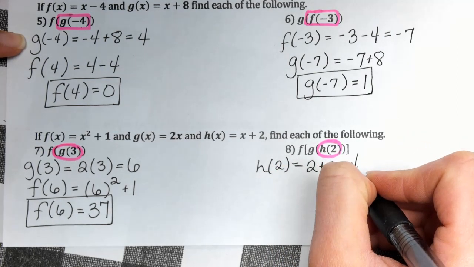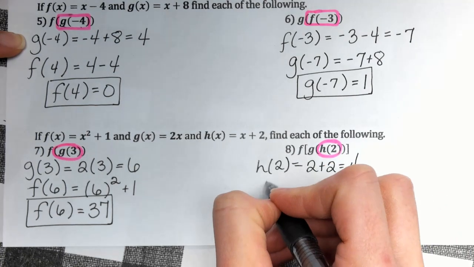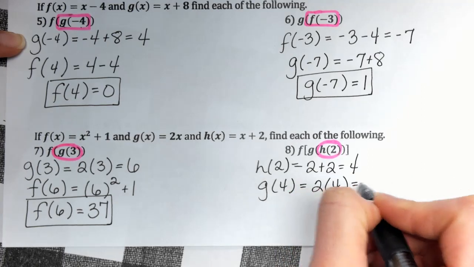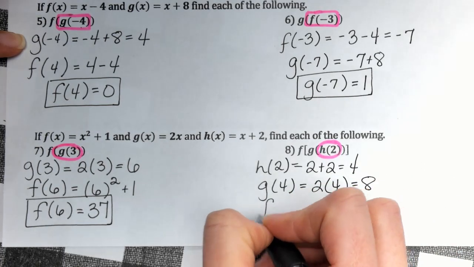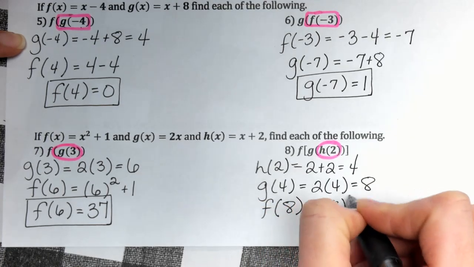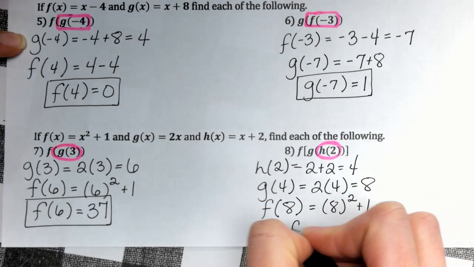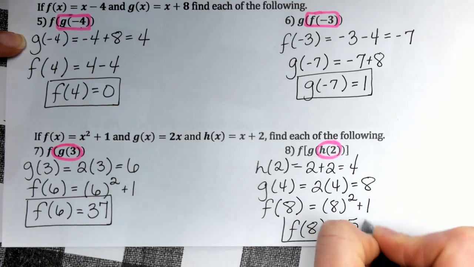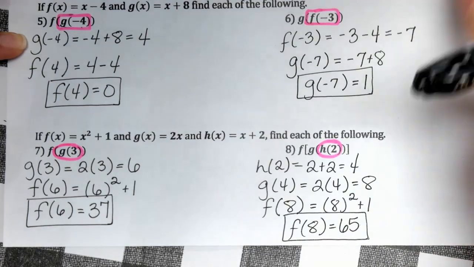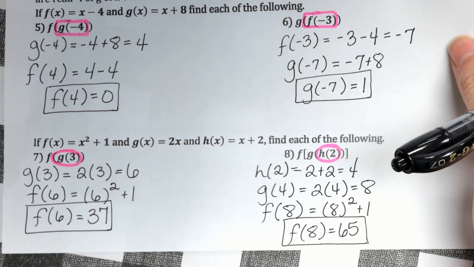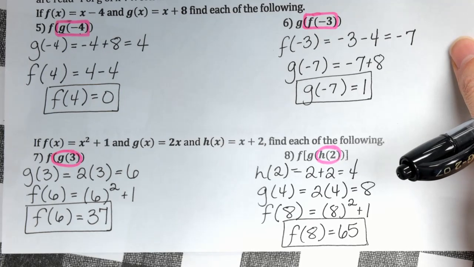So then I find what? G of 4, 2 times 4, 8. So now f of 8. So 8 squared plus 1, f of 8 is equal to 65. Y'all good with that? Do we have questions?